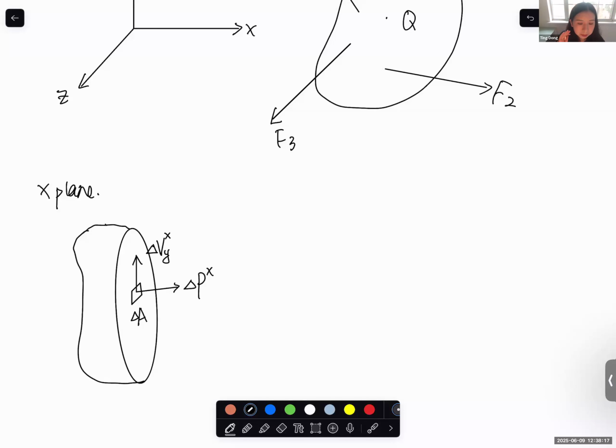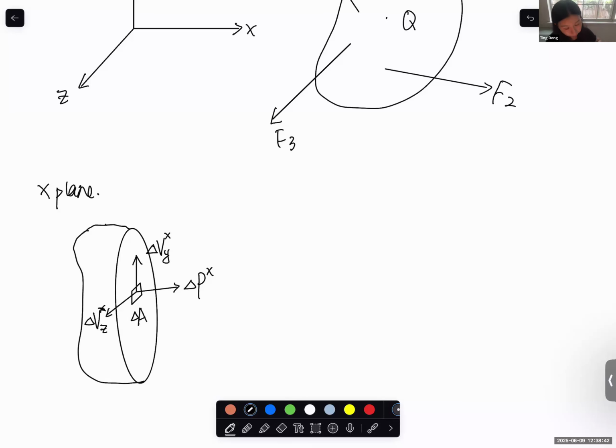So the superscript is the plane and the subscript is the direction. Similarly, on this area delta A, we have the shear force in the z direction on the x plane, delta V x, z.